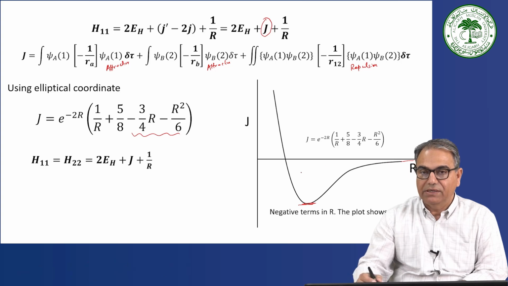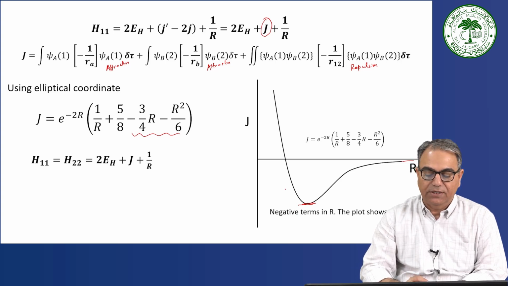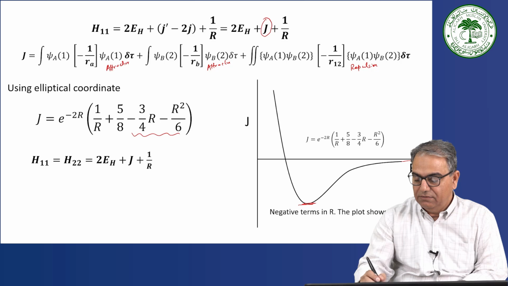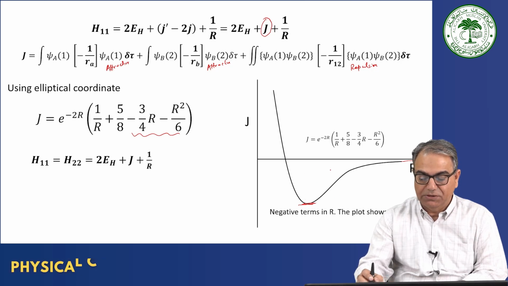For some values of r the function is negative and we get a minima, which indicates this type of curve you have already seen for the potential energy of diatomic molecules. So a similar curve is obtained for the J value also. Of course, quantitatively the dip is a little larger here. It should be smaller than this one. I will talk about this later on.